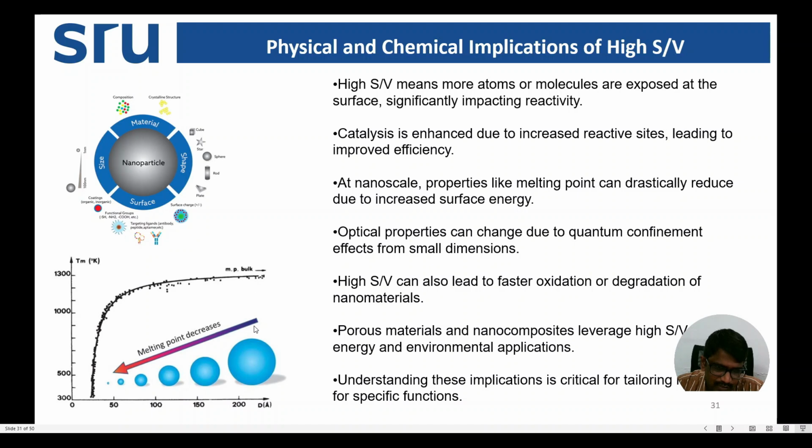Once we decrease the size of the particle, it is directly proportional: as the size is reduced, the melting point also comes down. As the particle size falls from macro to nano, the melting point is gradually decreasing like this.